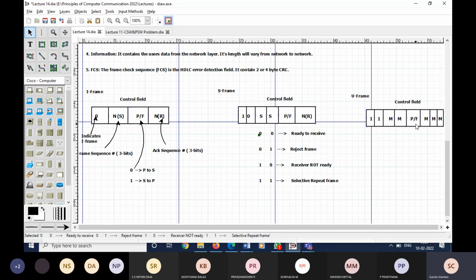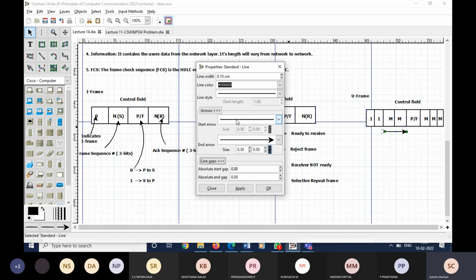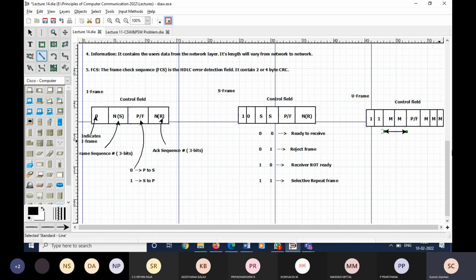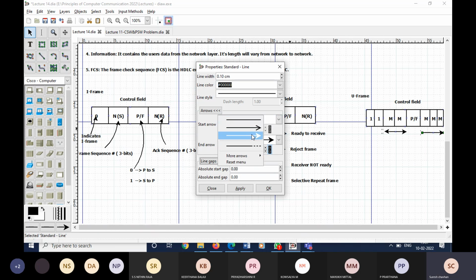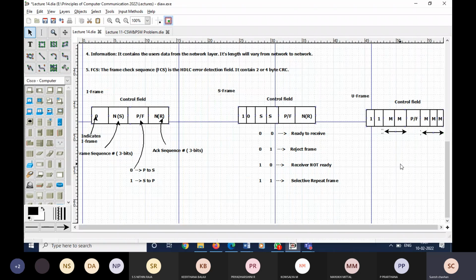Anyway, we know P slash F, and the remaining 2 bits are one kind of code, and these 3 fields. So in total we have 5 bits: these are the 2 bits and these are the 3 bits.